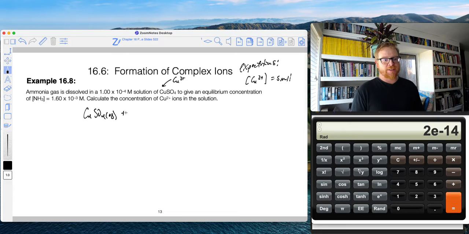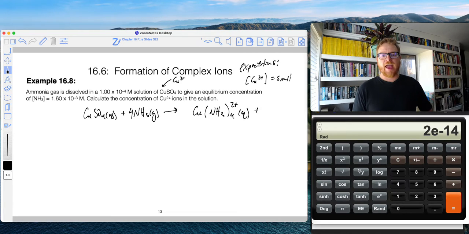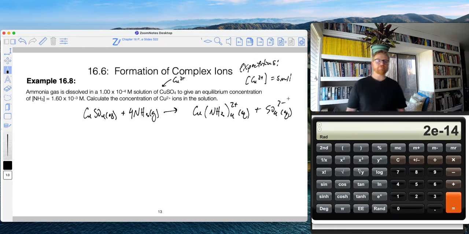So that's aqueous, and this is reacting with dissolved gaseous ammonia. And that's going to be basically a full-on forward reaction making my complex ion. So that means I need 4 of these, and this will be aqueous. And what that also means is the sulfate remains in solution.